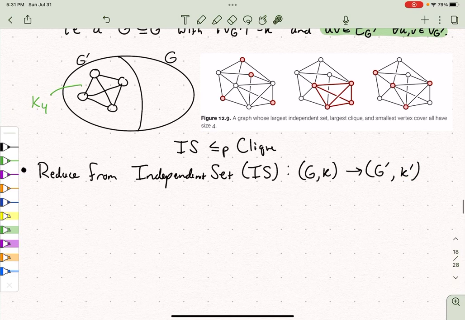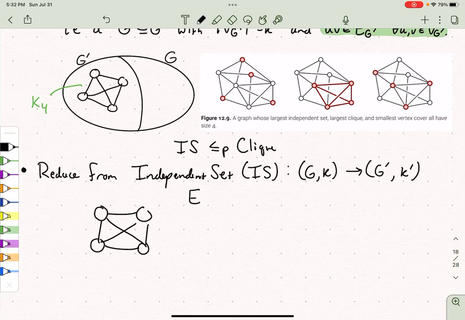So there's a critical observation here. Consider any complete graph, which has all possible connections. Then what if you considered the complement graph? If you took this set E, the edges, and you removed all pairs that existed and added all pairs that don't exist. So essentially, E prime is the set of all pairs, V cross V, that's all possible edges, and then subtract off the edges originally in the graph.